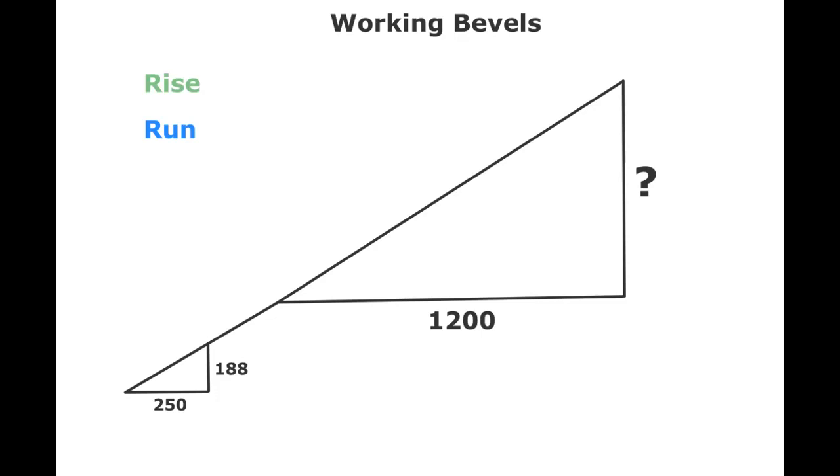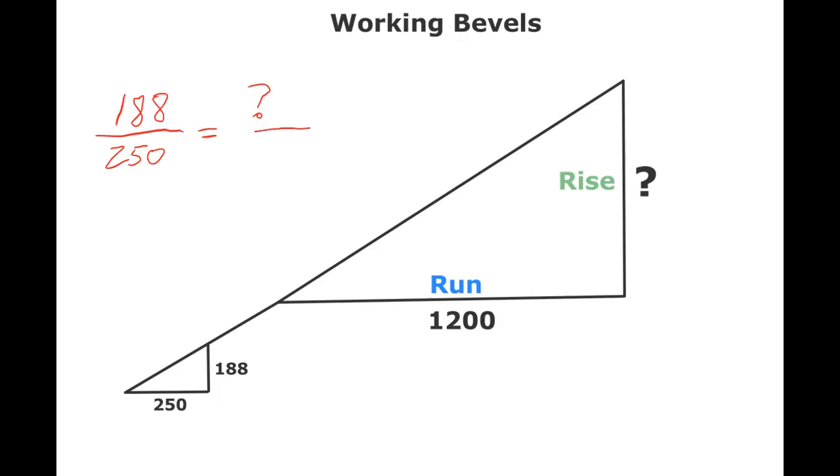So we've got the run is 1200 and the rise is I don't know what, but I'm given my working bevel of 250 run and 188 rise. Okay, so I'm going to just go ahead and put that into an equation. Rise over run. In this case, it's a rise of 188 over a run of 250. And that's equal to a rise of I don't know what and a run of 1200.